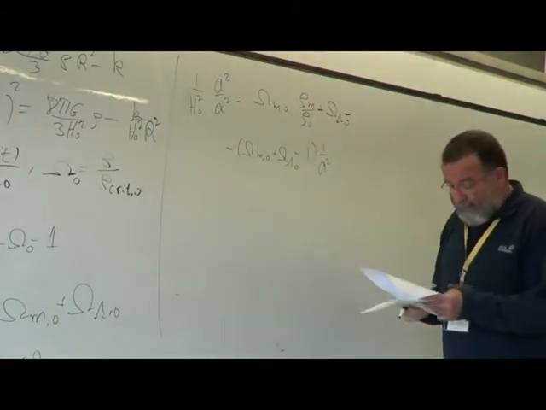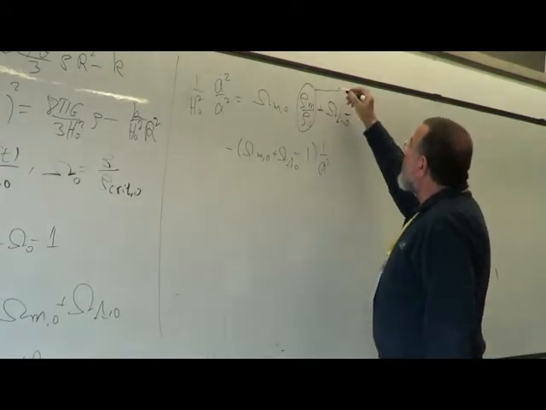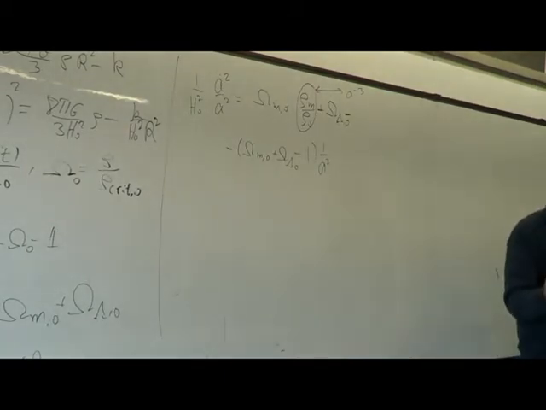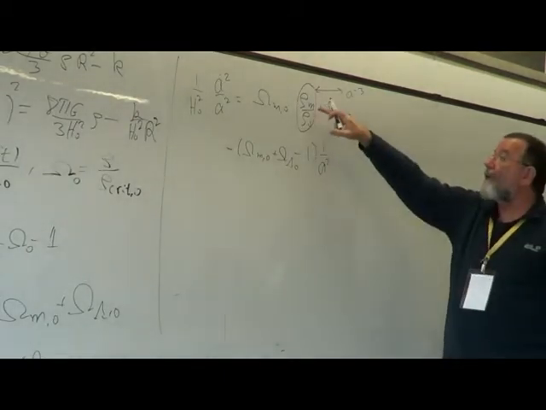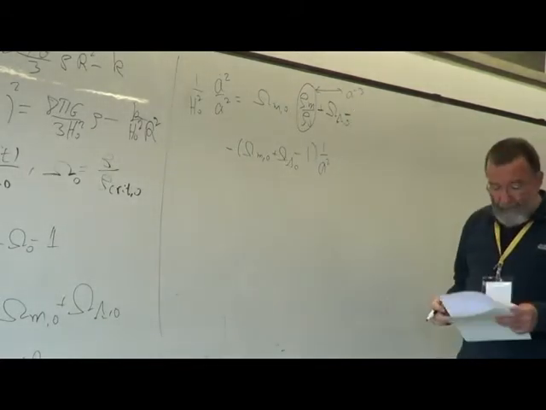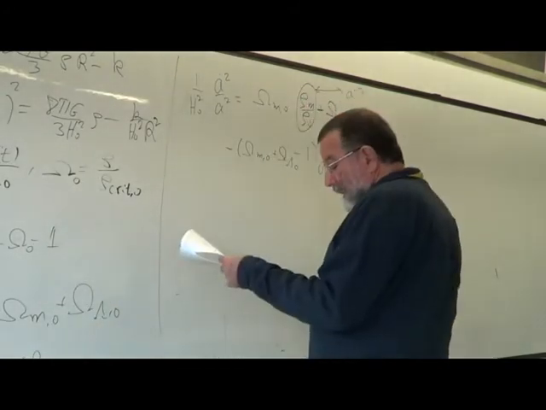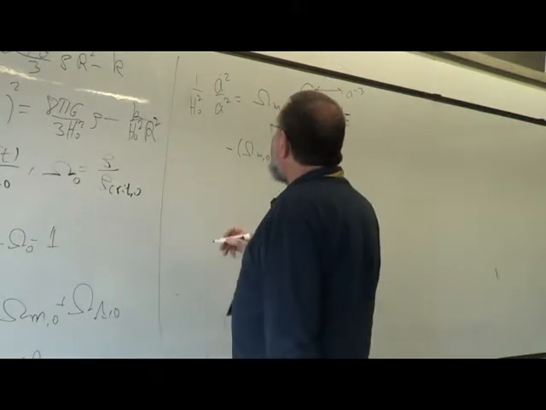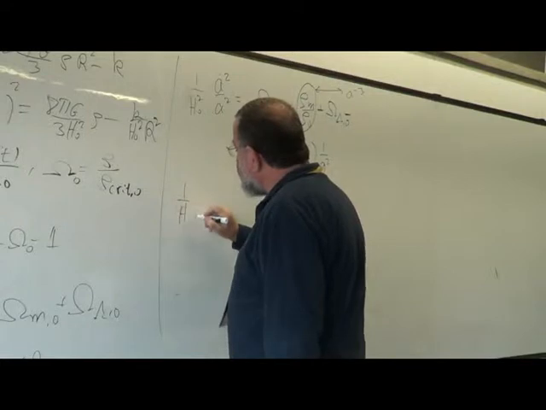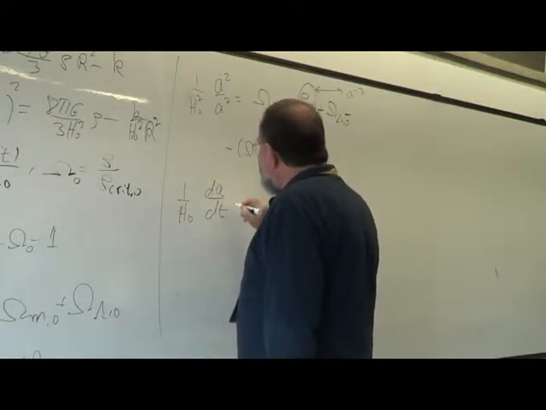Now I know how this term behaves. This term here goes like a to the minus 3. What's written here is 1 plus z cubed, and 1 plus z cubed is just a to the minus 3. So at the end, I have an equation that I can write like this: 1 over H naught, dA dt.